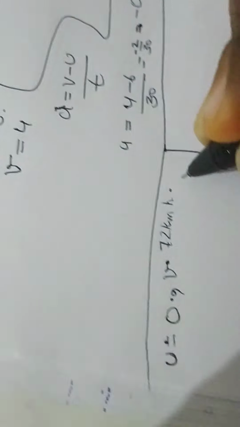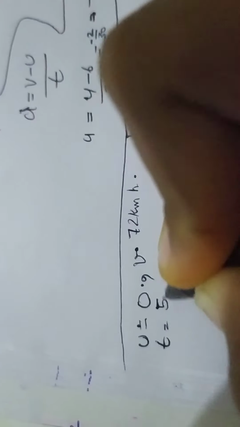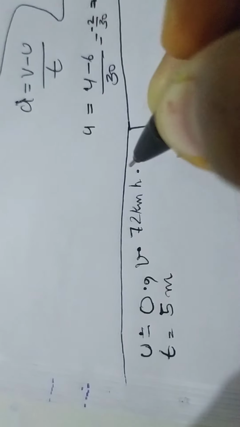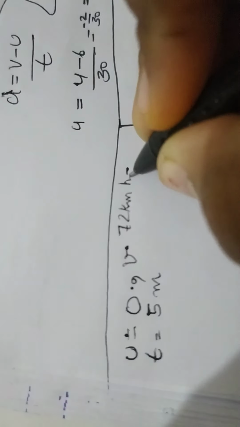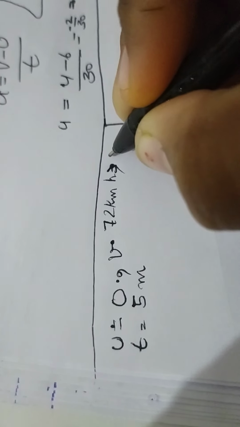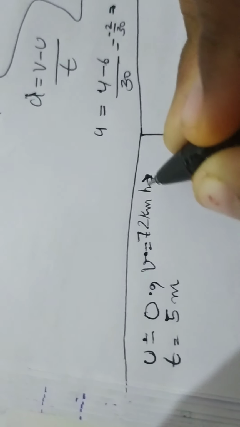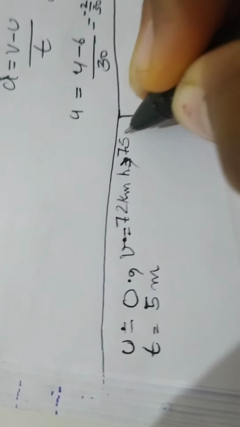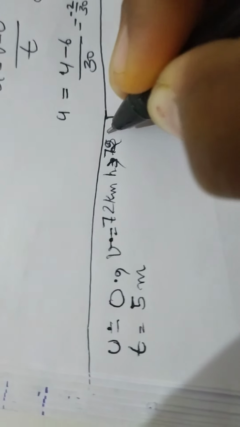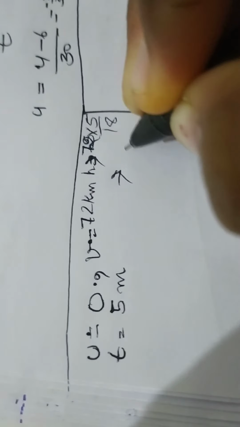Here it is 72 kilometer per hour, and the time given to us is 5 minutes. Then we have to change the velocity. For changing the velocity, I have told you earlier, to convert any velocity in kilometer per hour to meter second, we have to multiply it by 5/18. So 72 multiplied by 5/18, what do we get?